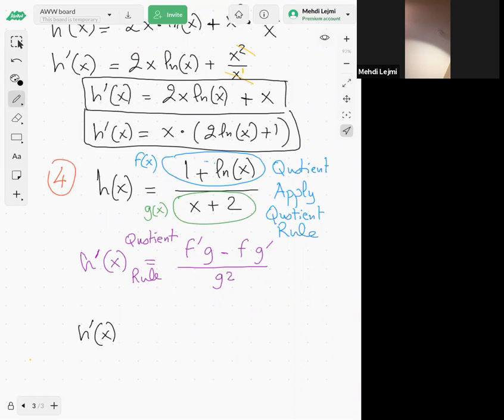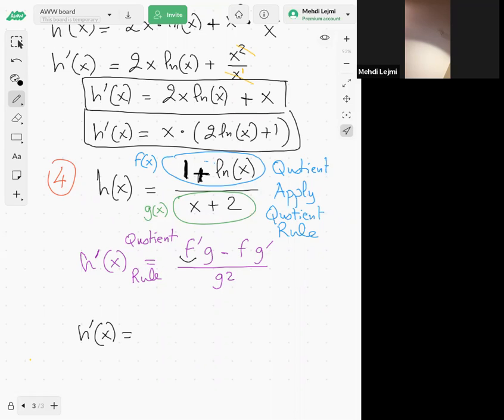First, we need f prime. f is the numerator, the top. So the derivative of 1 plus natural log of x. It's not a product, it's not a fraction, it's just addition, right? So first, the derivative of 1. 1 is a constant, and the derivative of a constant is 0.